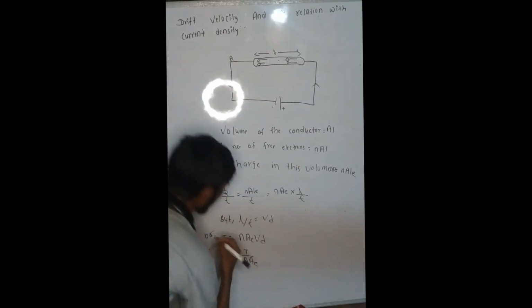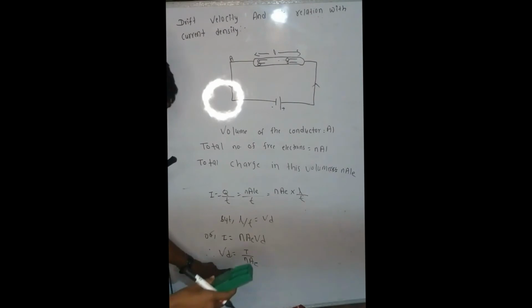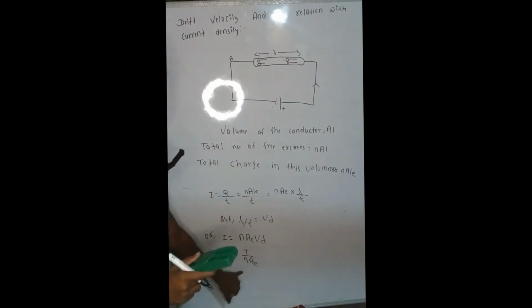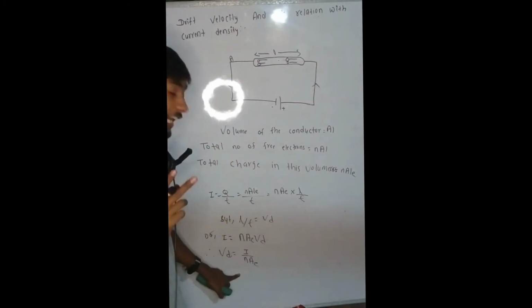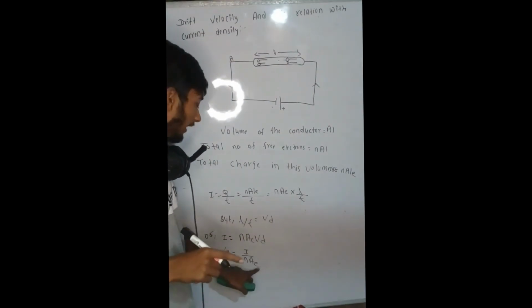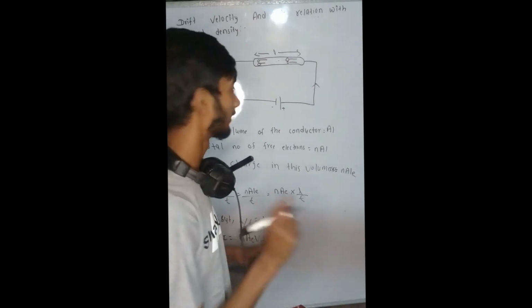This is the required equation. So we have got Vd equal to I upon nAe, where n is the number of free electrons, A is the cross-sectional area, and e is the charge of an electron. I hope you guys understand it.